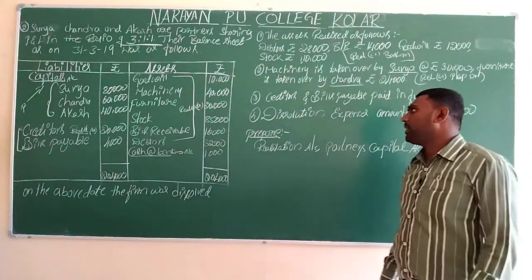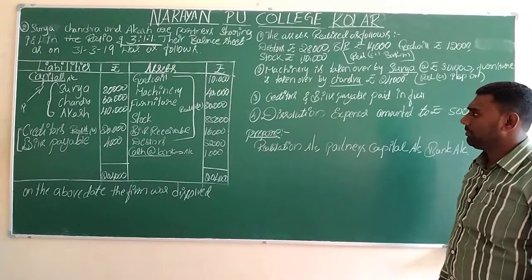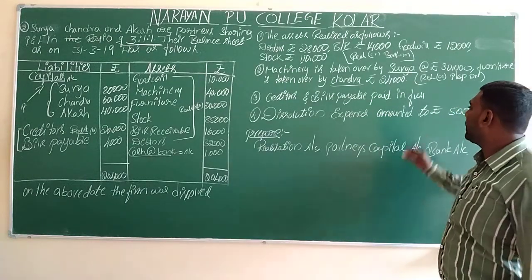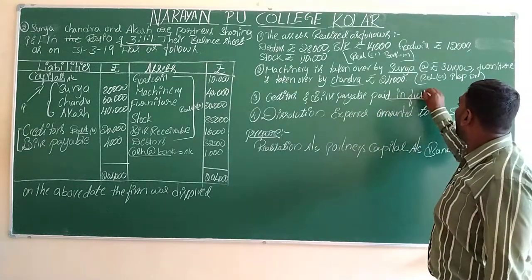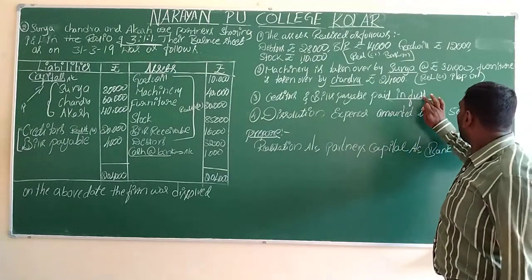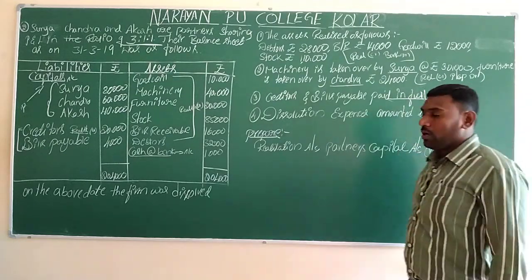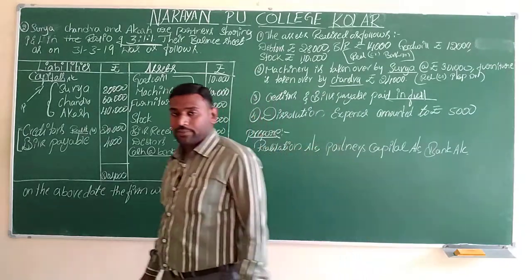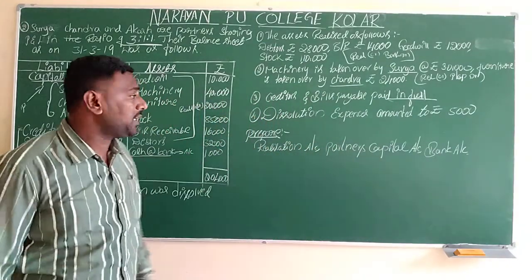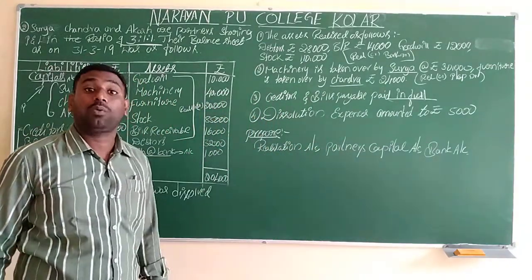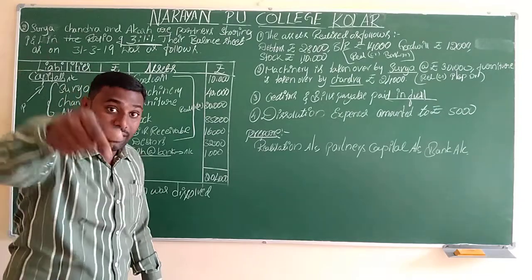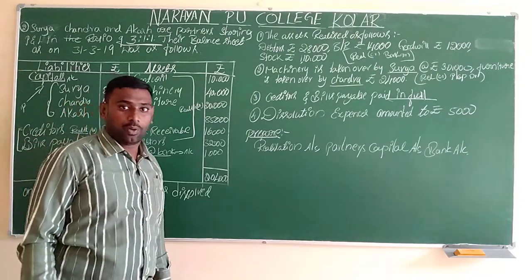Let's come to adjustment number 3. Here the information is given: creditors and bills payable paid in full. In my previous video, in the last question number 1, we discussed that when we repay the liabilities, they will give us a discount.